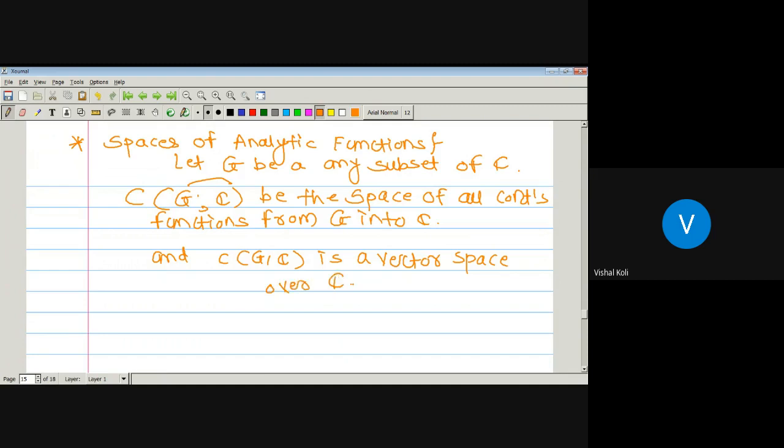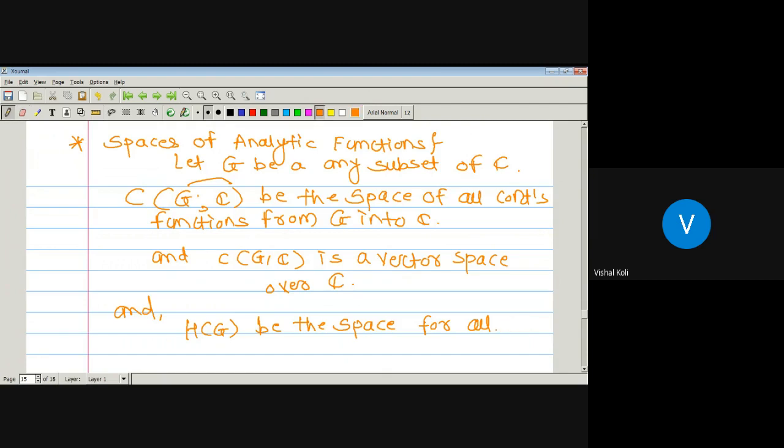Okay, and capital H of G denotes the space of all analytic functions.